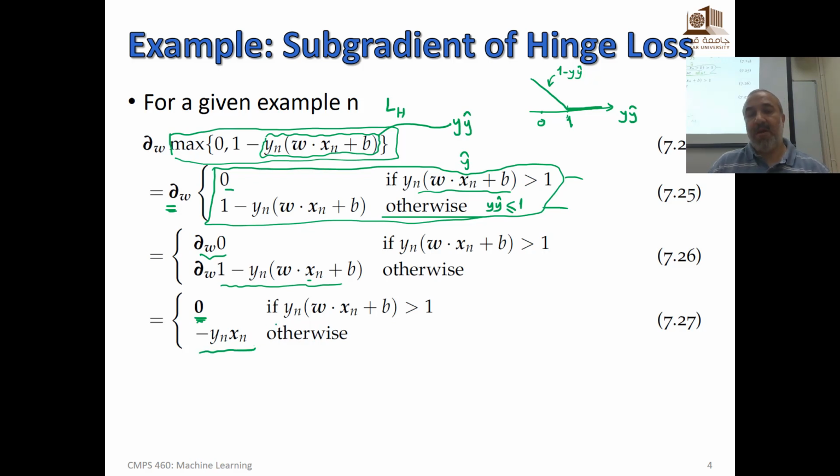Okay? Where is the subgradient? We are talking about subgradient here, right? Where is the subgradient? The subgradient happens when y hat is 1, right? Which is in which branch? This one. So now we acted as if this one is like that, and we computed the derivative at 1 with that line.